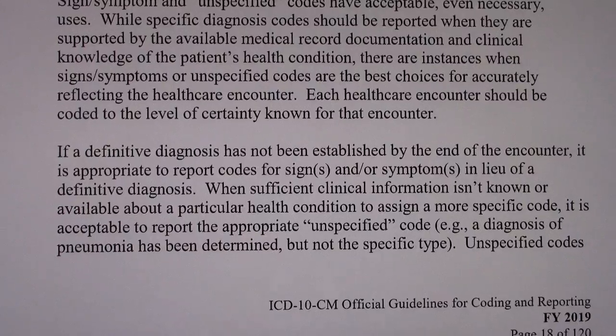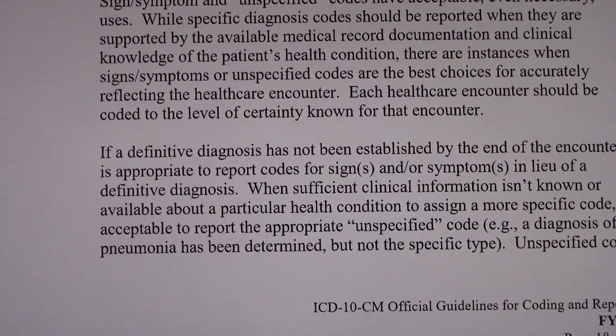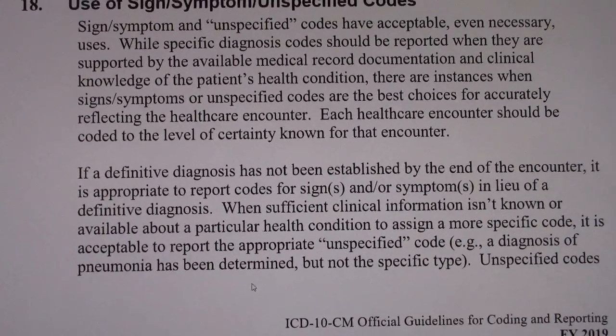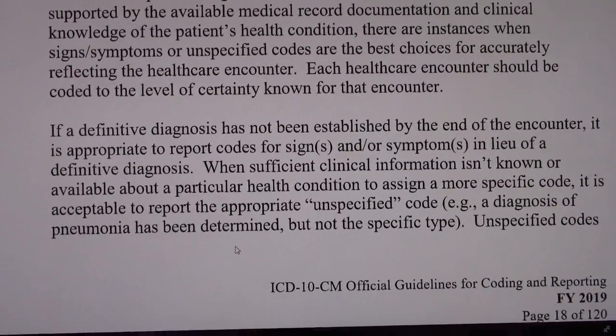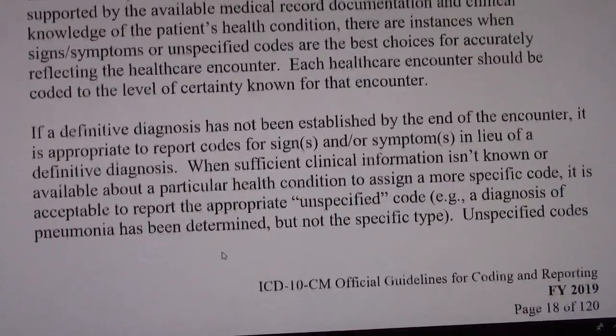And it says, for example, it gave you as if you were coding pneumonia. The diagnosis of pneumonia has been determined but not a specific type. Then all you can code is the unspecified pneumonia. Moving right along.